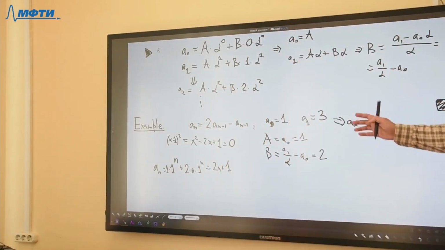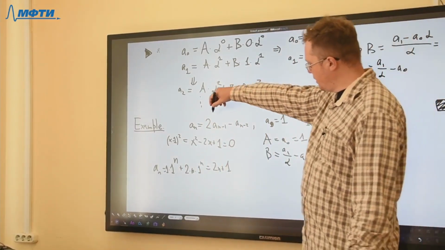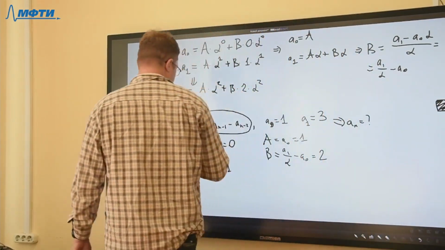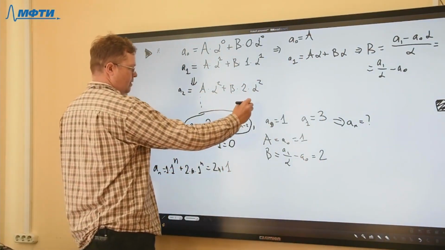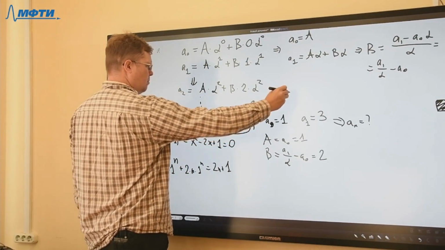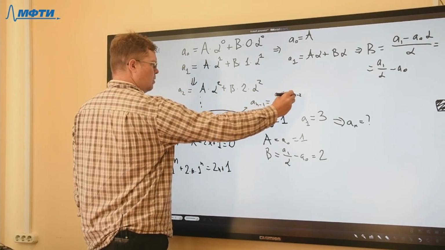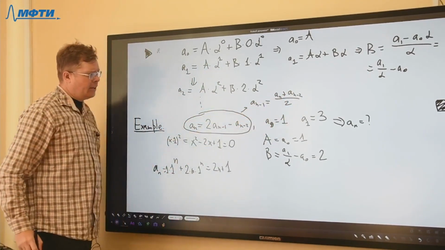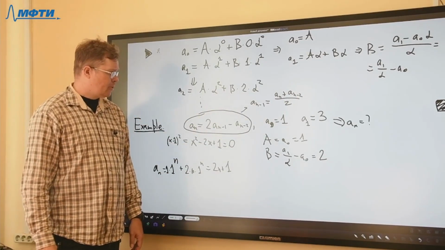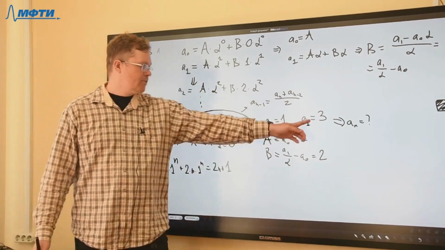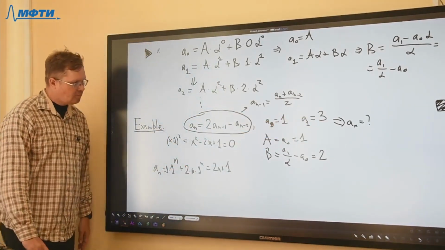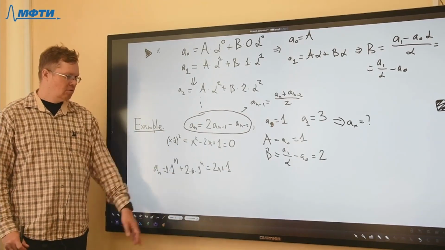And of course it's correct, because if you look at this recurrence relation, you can see that an minus 1 is the median of an and an minus 2. This means that an is just an arithmetic progression, and so if it starts from 1 and 3, then this arithmetic progression is nothing but the odd numbers.